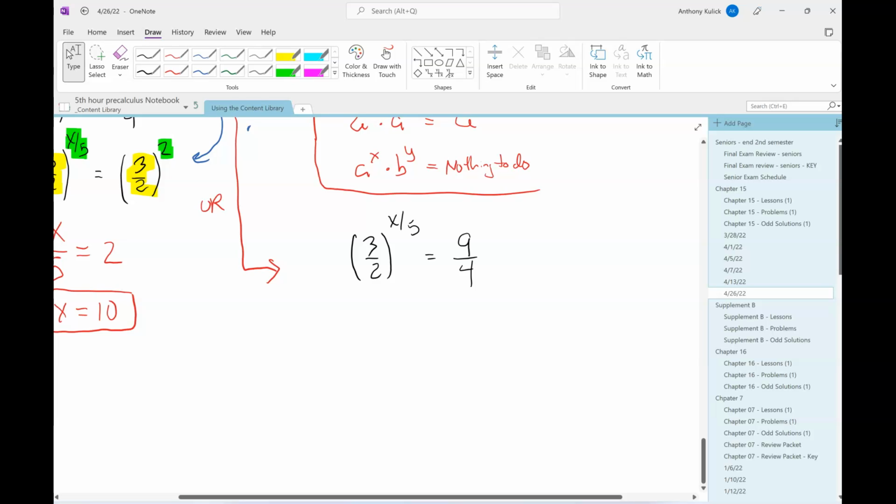To do that, I'm going to use a logarithm. Which logarithm do I need to use? I need the base of my logarithm to match the base of my exponential. So in this case, I should use log base 3 over 2.